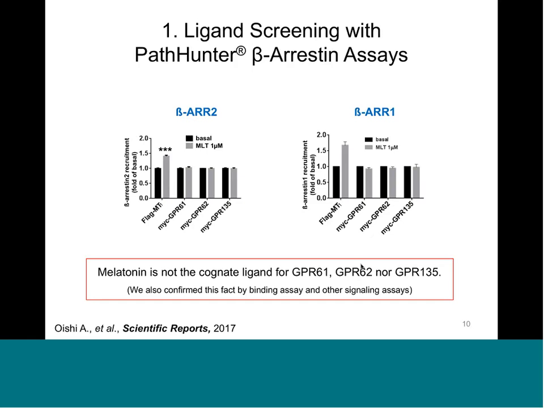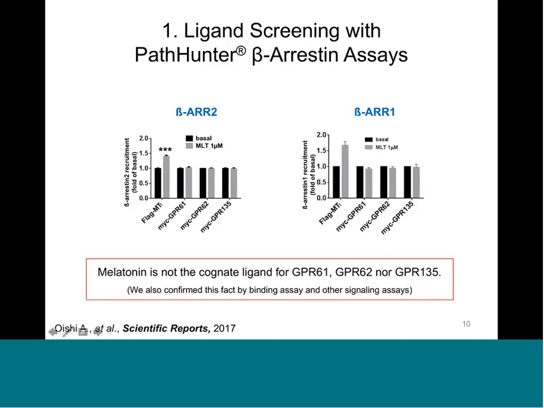Hello, everybody. At first, we would like to show the ligand screening assay by PathHunter beta-arrestin assay, because the start of this project is that these three GPRs are classified to the melatonin receptor subfamily. So we checked whether melatonin is a ligand or not to these GPRs. As shown here, these three GPRs don't respond to melatonin through PathHunter beta-arrestin 2 nor 1 recruitment assays.